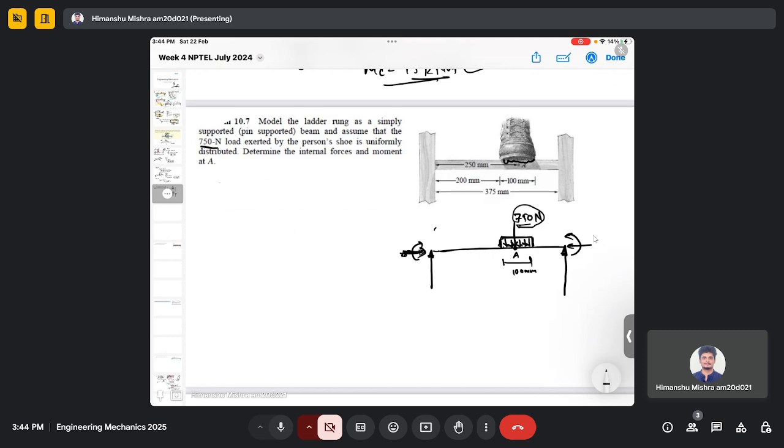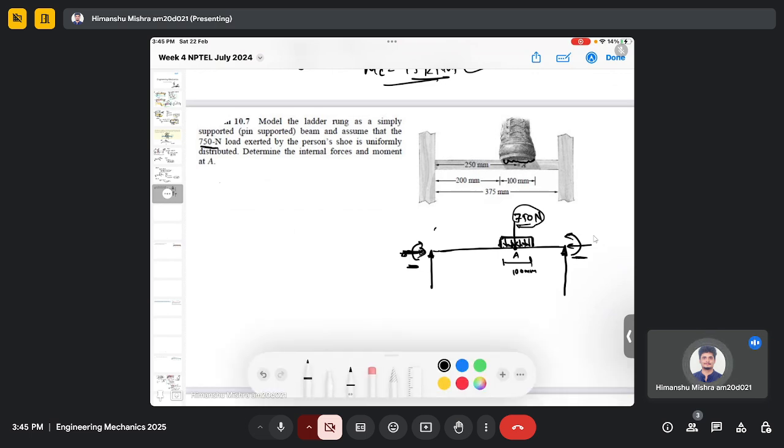So in that case, we wouldn't be able to solve it through the equations of statics, because from a single equation you cannot find the horizontal reactions.